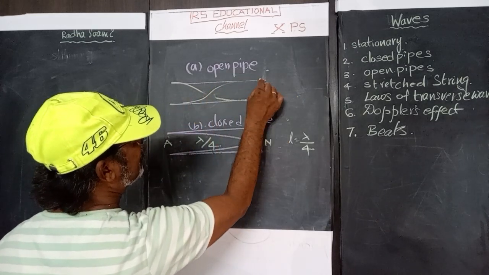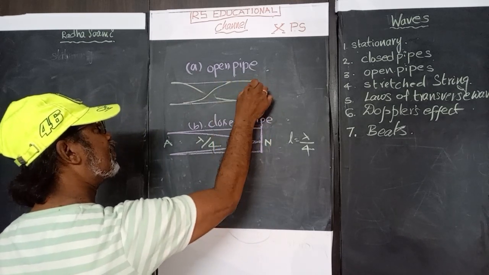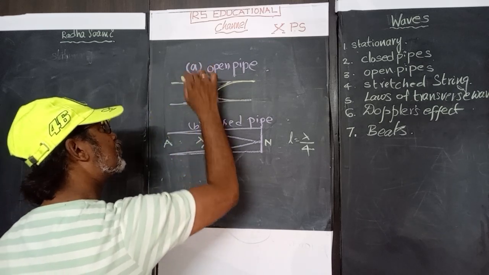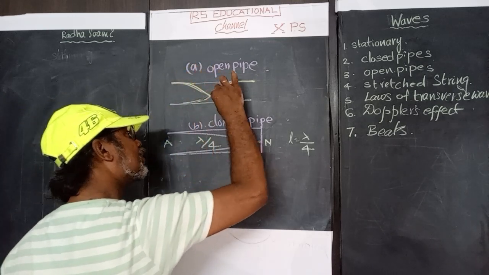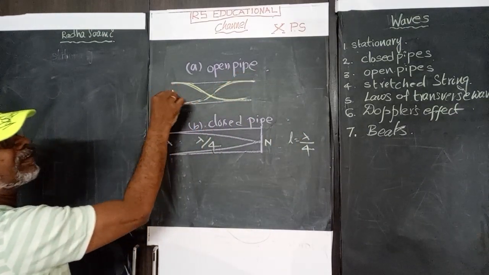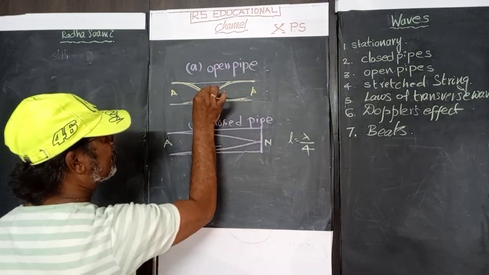Like this we are getting. This is antinode, this is antinode, this is node.